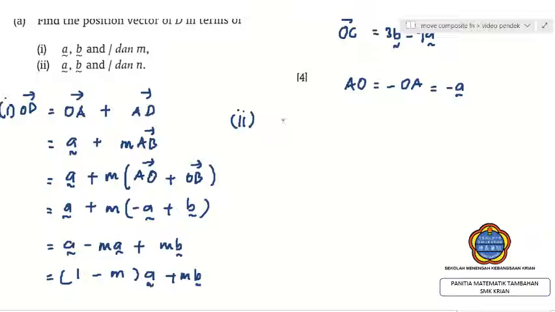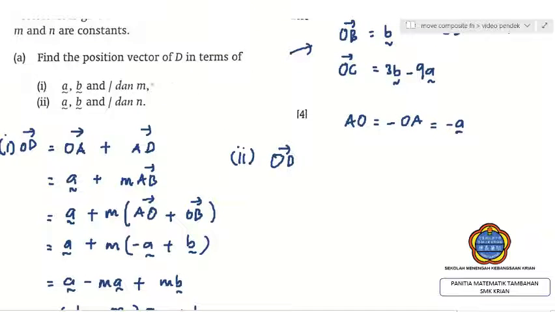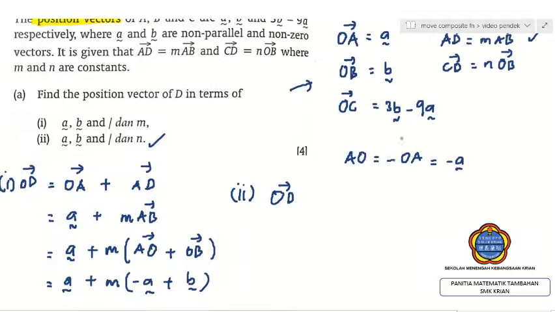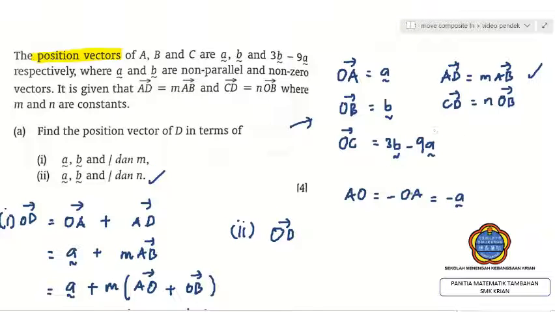Question number 2 is also about the position vector OD, but in terms of a, b and n. How to do this? Are we still using the given information? But we don't use the same addition of vectors as the first question, OA plus AD. Right now for OD we must get a different addition of two vectors.